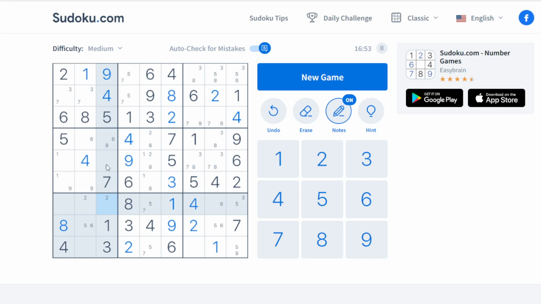We have a 3 over here. Let's take a look. 1. This could be a 2. So this could be a 2 or an 8, but not a 6. This could be 2 or a 6, because there's already an 8 right there.